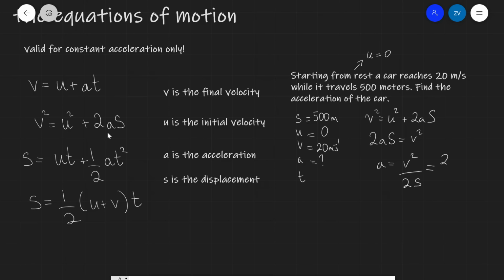Now v squared will be 20 squared divided by 2 times 500, which is equal to 0.4 meters per second squared, and this is our answer for the acceleration.